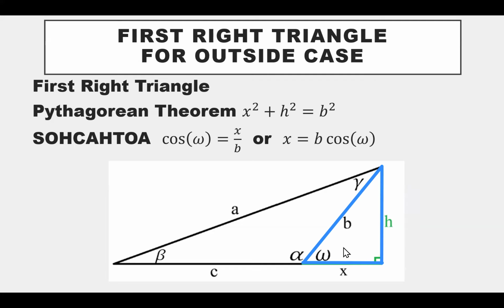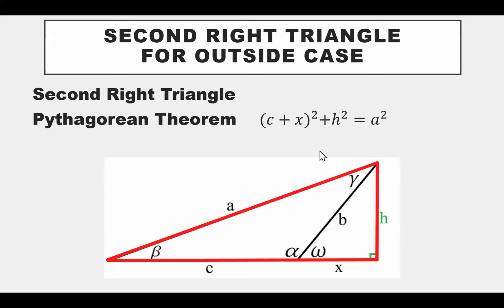And also, because of SOHCAHTOA, the cosine of omega will be the adjacent over the hypotenuse. That is x over b in this first triangle case. Multiplying both sides by b gives me x is equal to b times the cosine of omega. And again, omega is the supplementary angle to angle alpha. So they add up to 180 degrees.